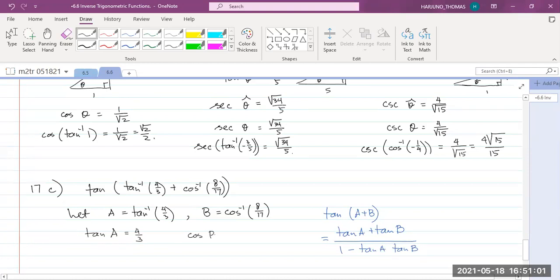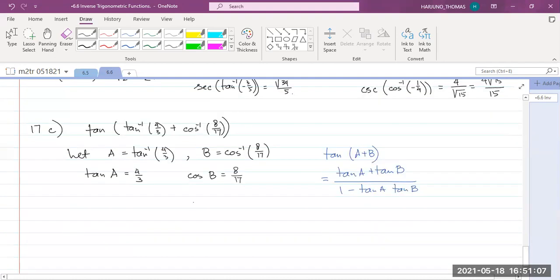Cosine B is 8 over 17. That's in quadrant 1, so I can draw the right triangle right away. So if this is B, this is 8, 17. Then by Pythagorean triple, this is 15. So tangent B will be 15 over 8. Is it right?